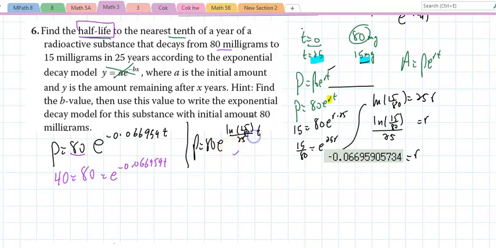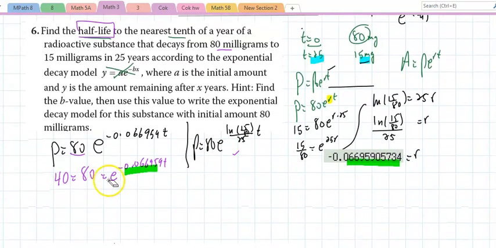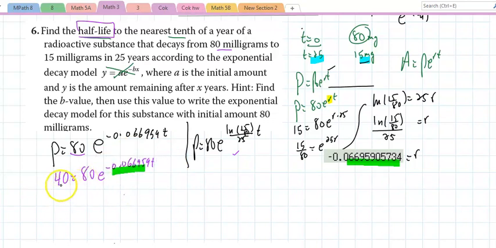Or you could use this. Remember, this is still stored in my calculator as an answer because that's the last thing I calculated. So now you isolate the exponential by itself, divide by 80 both sides. So 40 divided by 80 is 1/2.